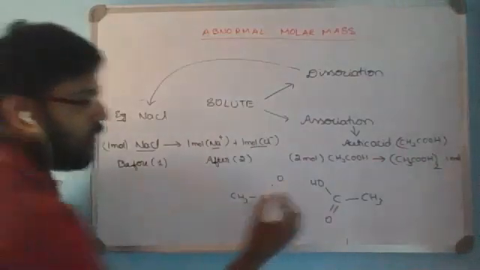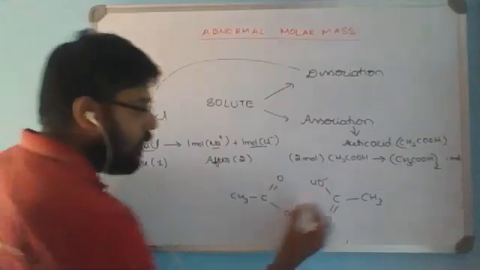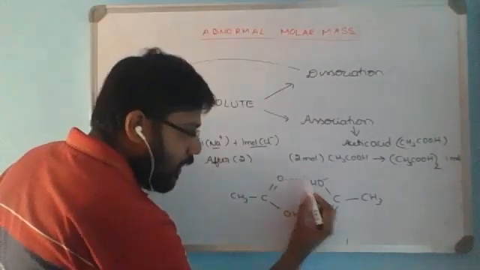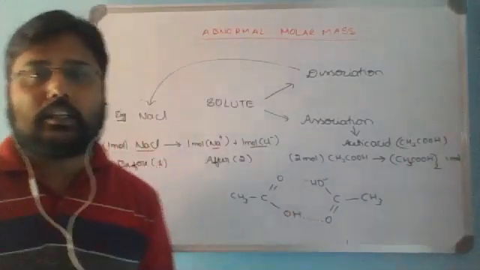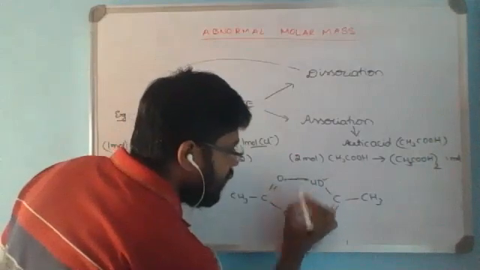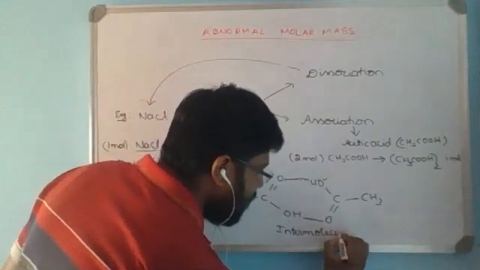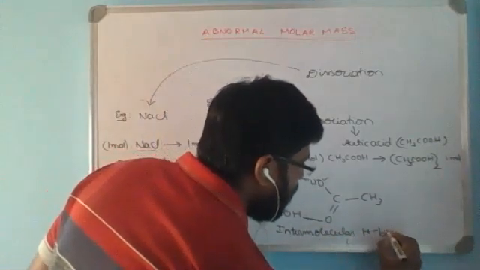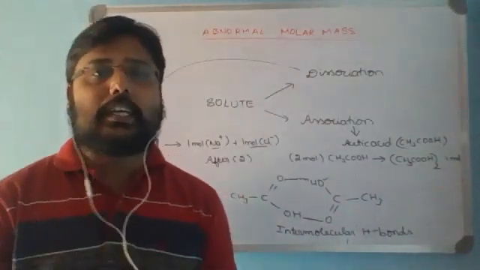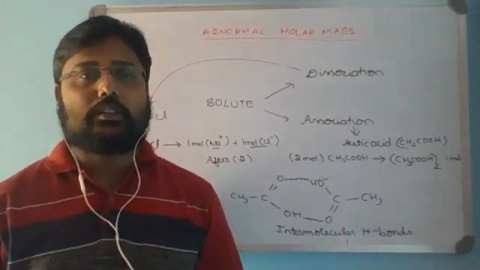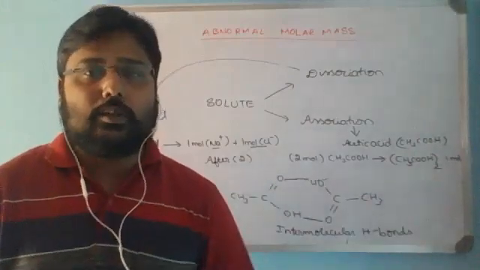Now we know that the hydrogen in the hydroxyl group is bonded to oxygen, the second highest electronegative element, which can form a hydrogen bond with the carbonyl oxygen. Similarly, this hydrogen will form a hydrogen bond with the oxygen of the other molecule. As a result, two intermolecular hydrogen bonds are formed between the two acetic acid molecules, making the molecule undergo dimerization. So dimerization is an example of association of the particles in the solution.